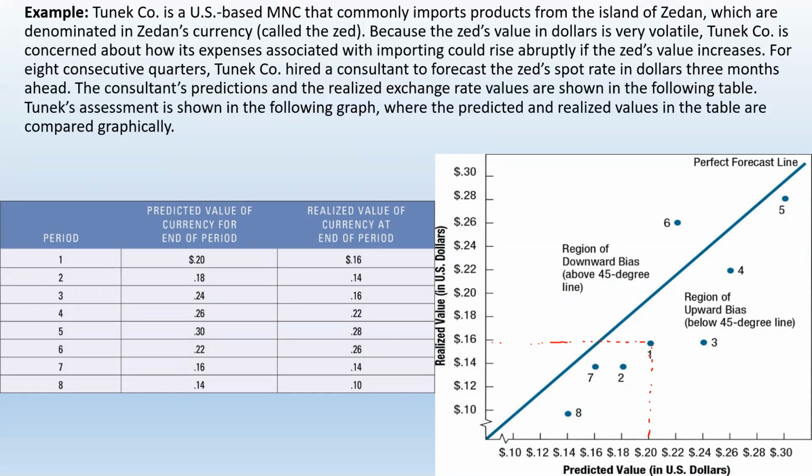So we found that the predicted value is greater than the realized value. The perfect forecast line is in the middle. If a dot lies right on this line, the forecast value equals the realized value. So for period 1, we know this is overestimating.